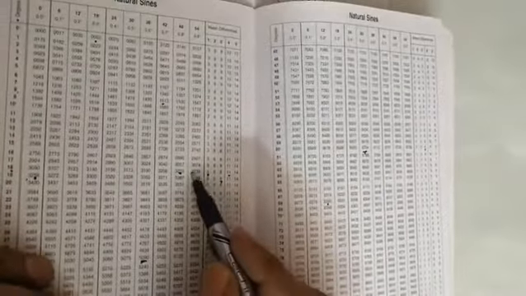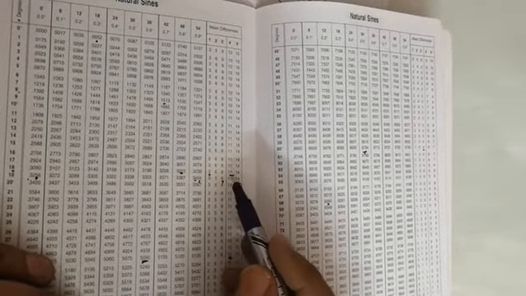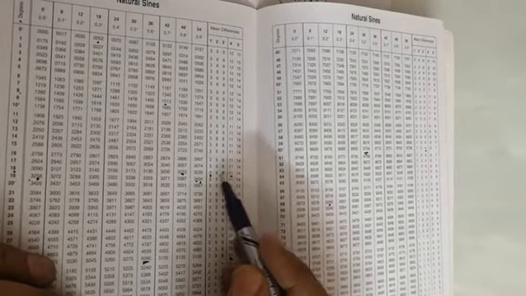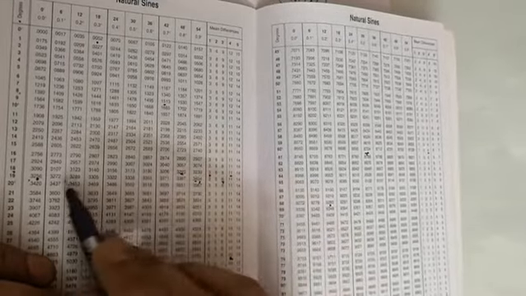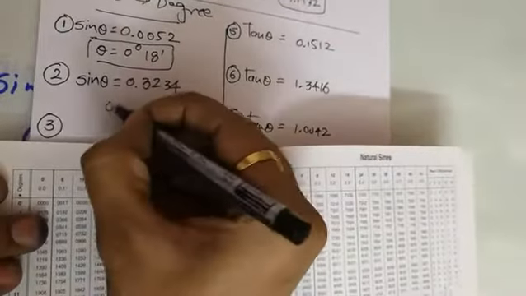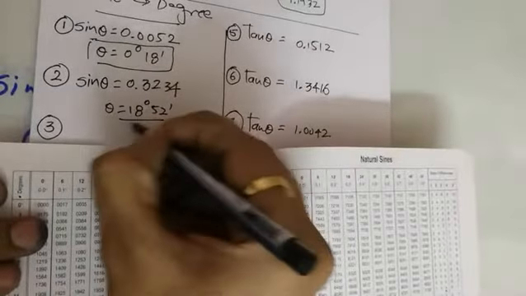So you can see that this 3223 is coming under 48 minutes, and 11 is coming under 4 minutes. So 48 and 4 would give me 52, and these degrees are 18 degrees. So my value of theta is 18 degrees and 52 minutes.